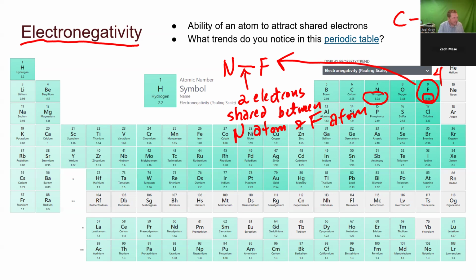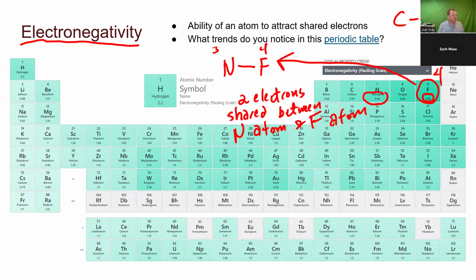What this means is that fluorine, whenever it is sharing electrons with another element, it wants those electrons more. So you could look at it almost like, well, nitrogen's rolling in with a strength of 3, and fluorine's rolling in with a strength of 4. Can you give me a 1 in the chat if you follow that, a 2 if you do not follow that?